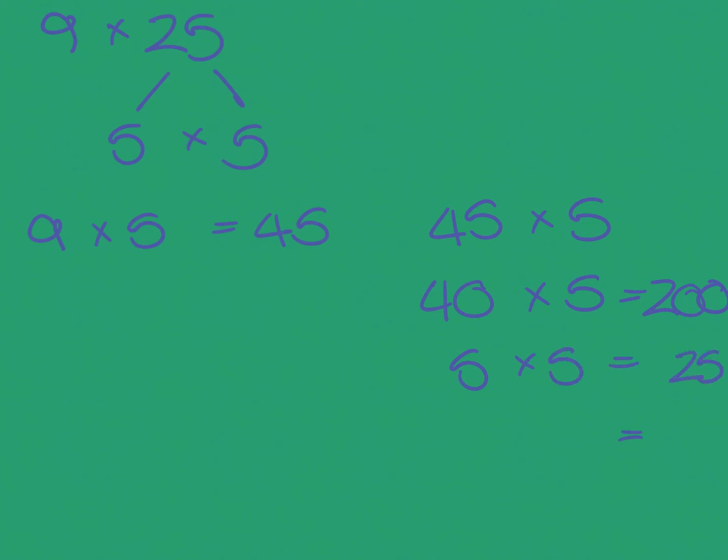Add the two together, 225. Then the last example we'll do for today is 3 times 44. Again, I'll look for the two factors within 44. I'll use 4 and 11 because they're pretty simple multiplications to do in my head. So 3 times 4 is 12, and then 12 times 11 gives me 132.